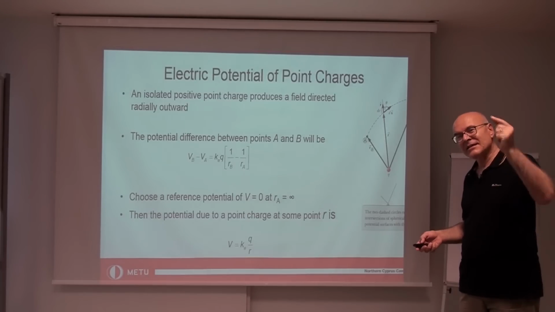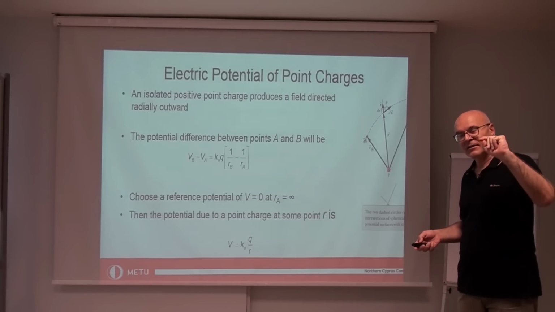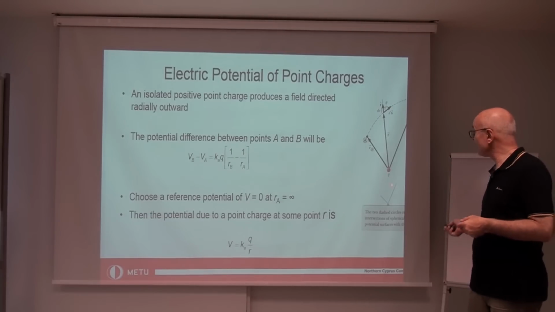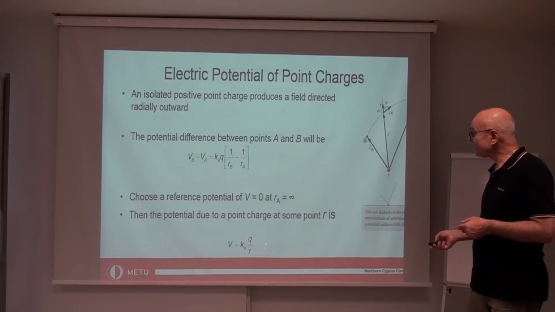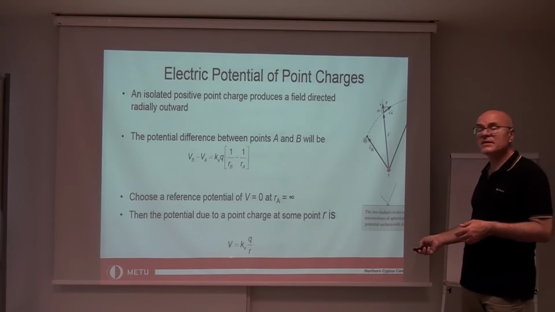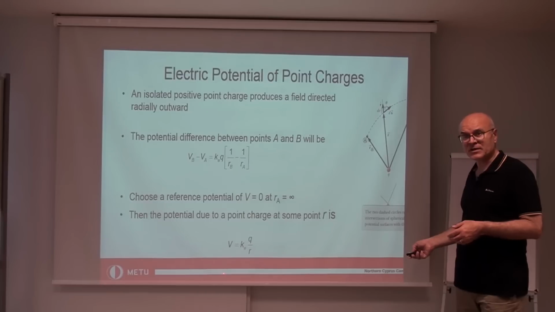That is, it has energy per unit charge, and so this is the potential. It is a function of R, so as you can see, it varies with R, and at any distance R from the point charge, it is given by this simple expression.